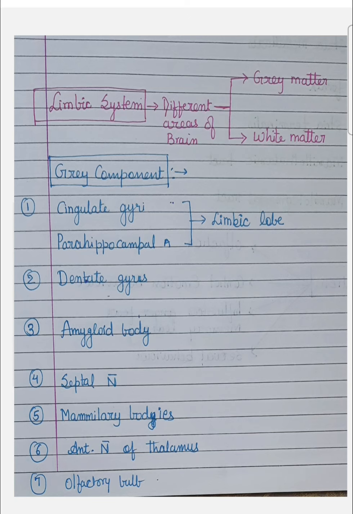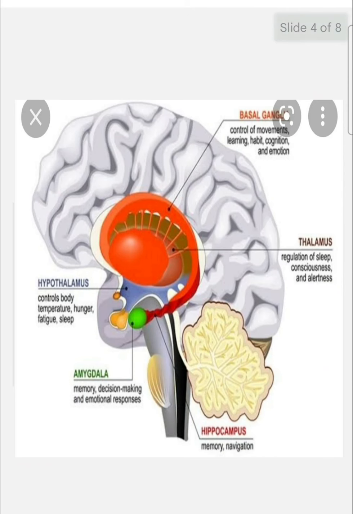Next is the amygdaloid body. You have studied the basal ganglia. This is the structure of the basal ganglia, and you can see the comma-shaped structure, and its end is green and oval in shape, and it is known as the amygdala.